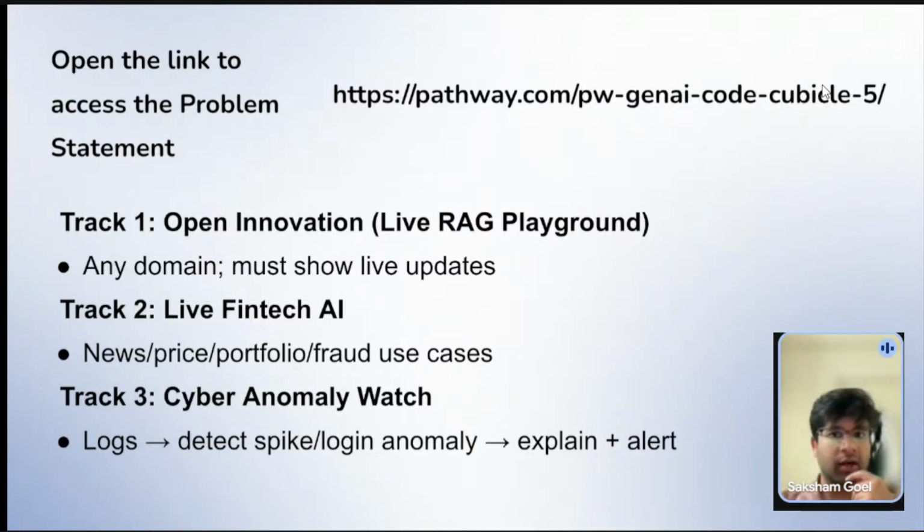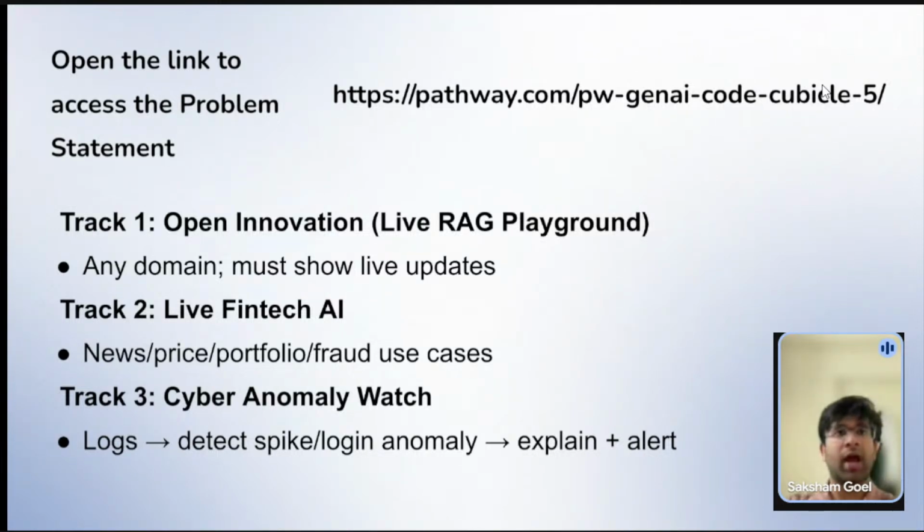Second is obviously a live AI fintech solution, which probably means that you need to handle live pricing from various APIs, maybe some news, maybe incorporate some fraud detection module, or even put an LLM in place where you can ask it to summarize today's stock price, right?